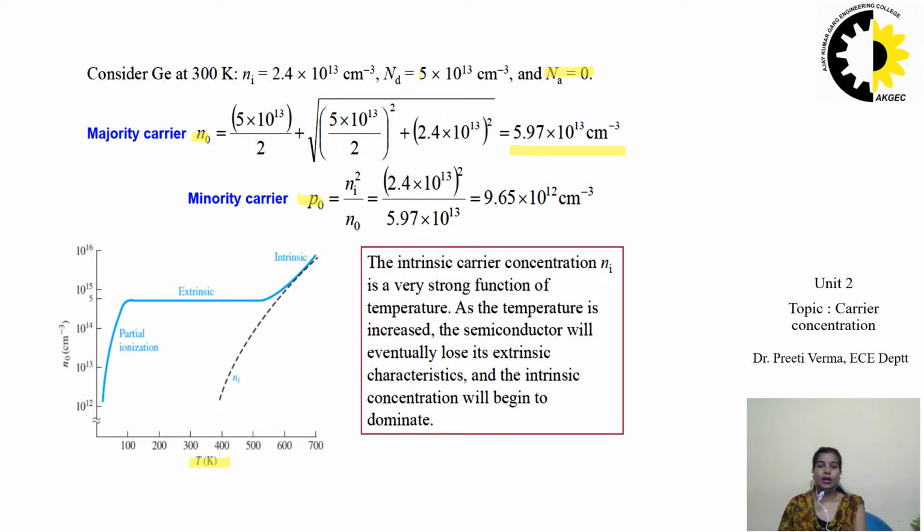You can see that as the temperature increases, the graph is rising, then it is flat, and then increasing for intrinsic. So we can predict from this curve that the intrinsic carrier concentration Ni is a very strong function of temperature. As the temperature is increased, the semiconductor will eventually lose its extrinsic characteristics and the intrinsic concentration will begin to dominate.